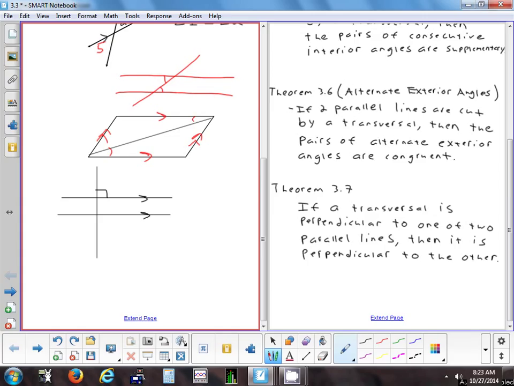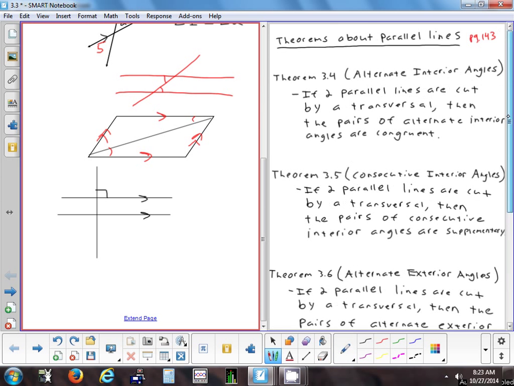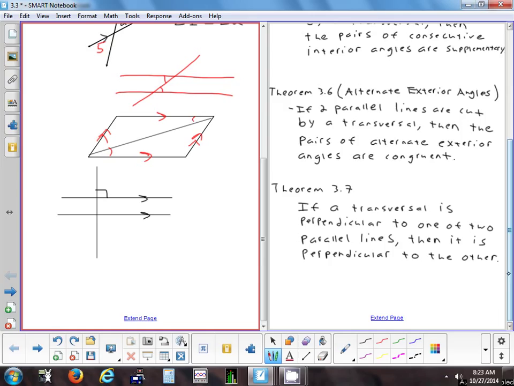So how do I know that it's perpendicular to this one on the bottom? The corresponding angles, and that was a postulate. Two parallel lines, corresponding angles are congruent. If the top one's a right angle, so is the bottom one.